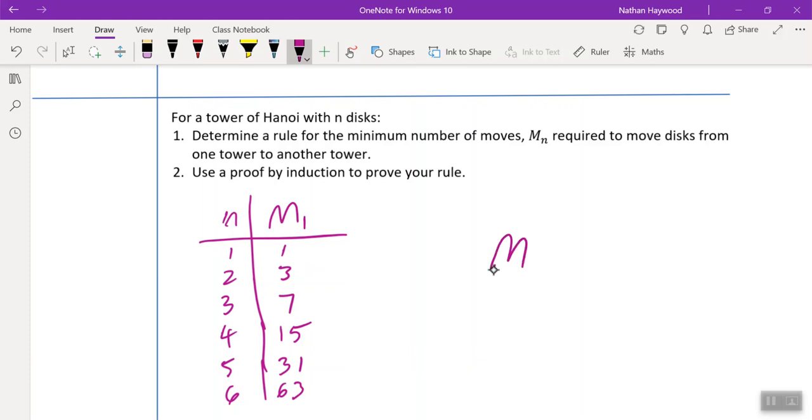Can you get it in terms of an n? It's an indice, by the way. So the difference between this is 2. Difference between that is 4. Try and do it with just n. No m in here.